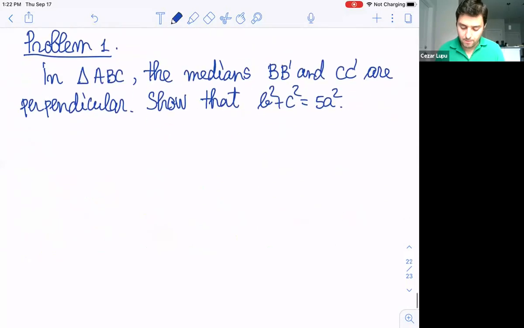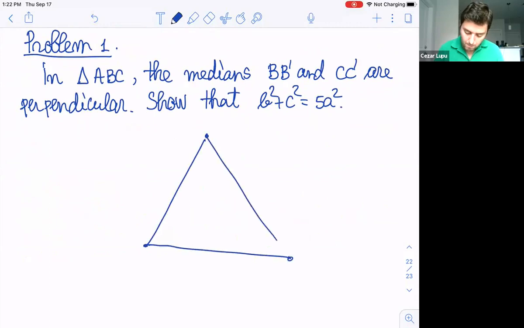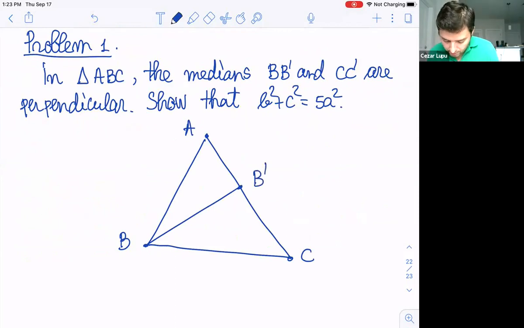Let me draw the triangle. So these two medians here, this one goes like this. Well, it's more like an altitude. I don't want to draw it like a straight line too much.